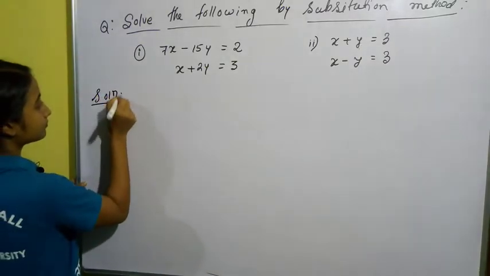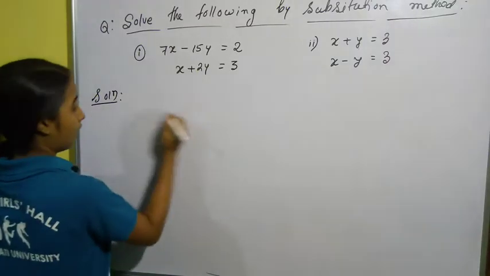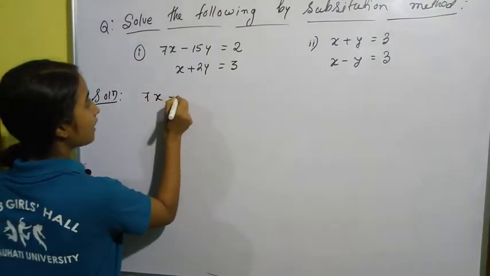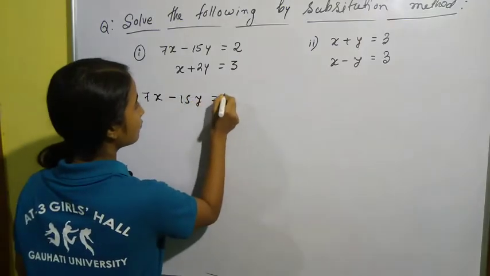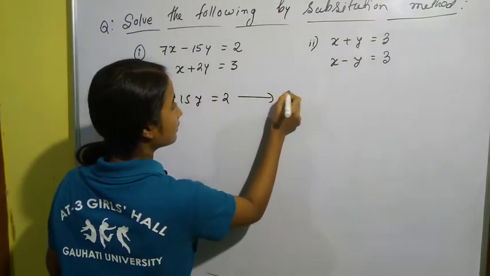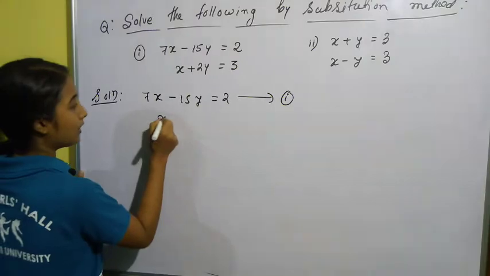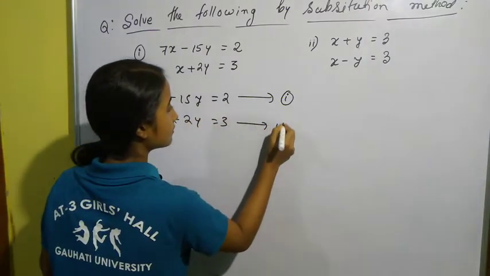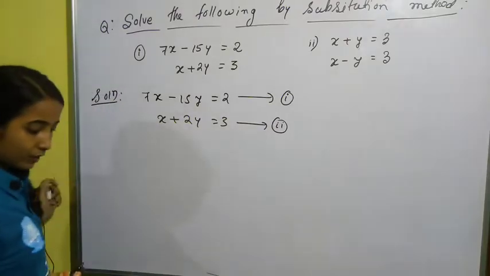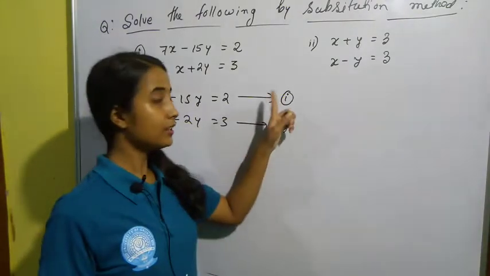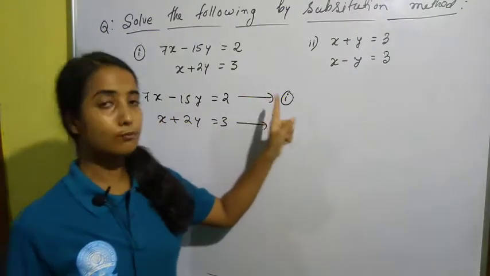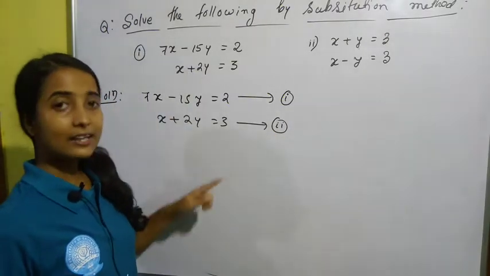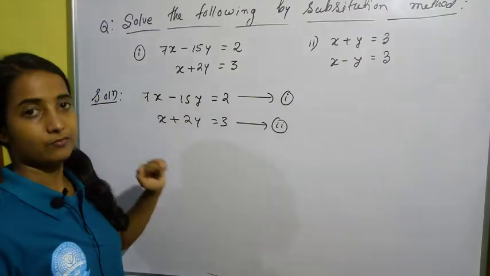Solution. Here 7x minus 15y is equal to 2. This is number 1. x plus twice y is equal to 3. This is number 2. First of all, we have to number the equations as equation number 1 and equation number 2, and then take any one of them.